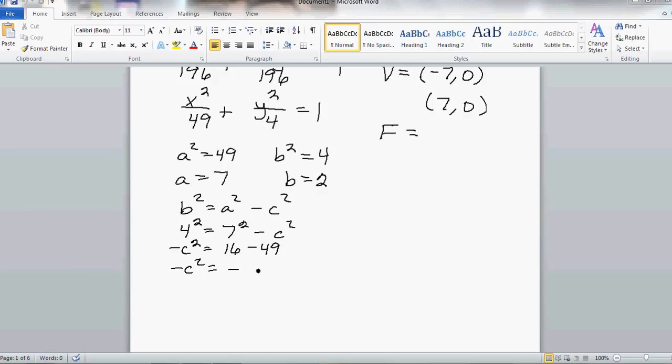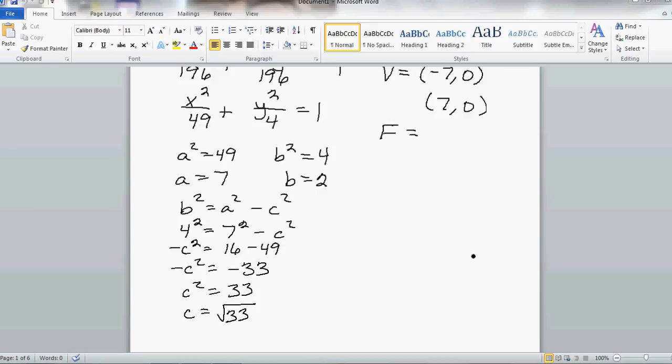Negative 33. And so c squared will equal 33, or c, because that represents a distance also, will equal the square root of 33. And where did I go wrong? I don't think I have.